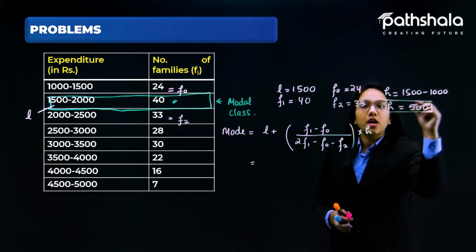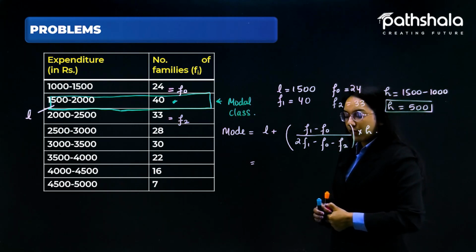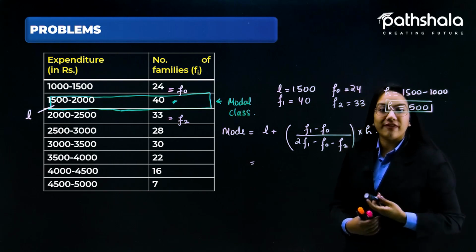Now let's plug in all the values in this formula in order to find the modal monthly expenditure of the families.